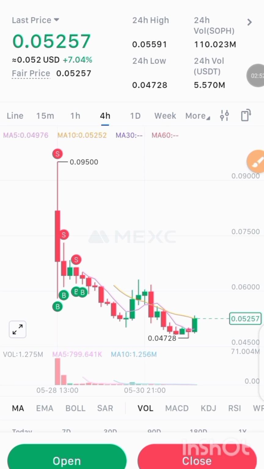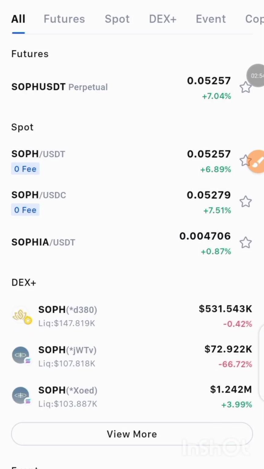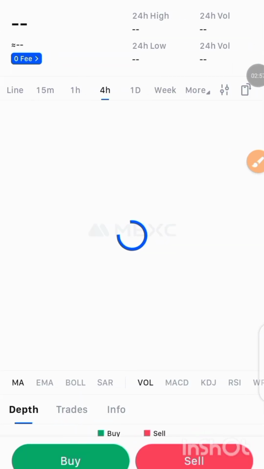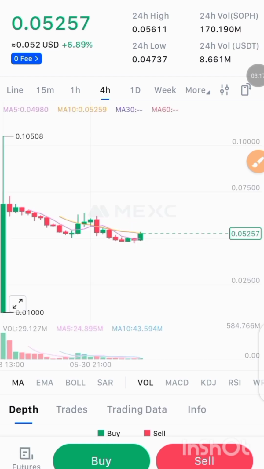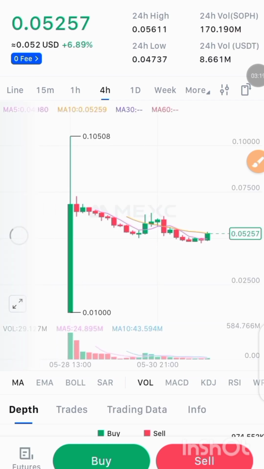The difference here is that this particular spot determines where the future goes. The movement in this spot determines where the future trend, that is the perpetual, goes. Immediately after this coin was launched, you can see that there is a fair value gap.